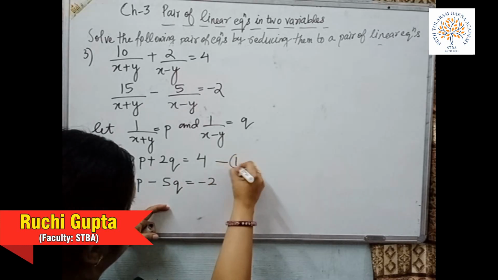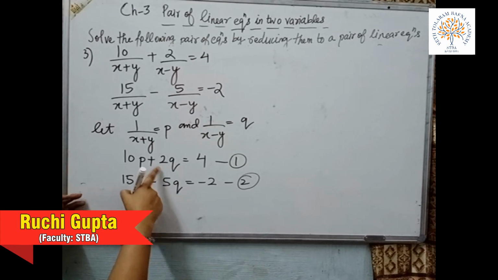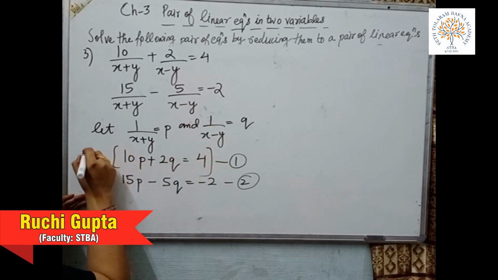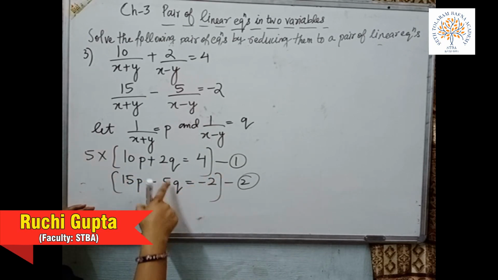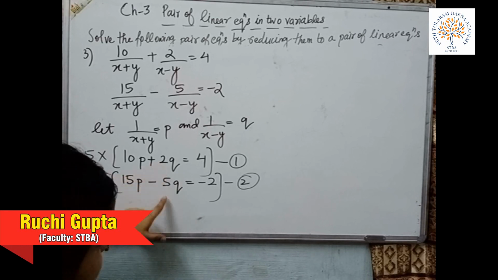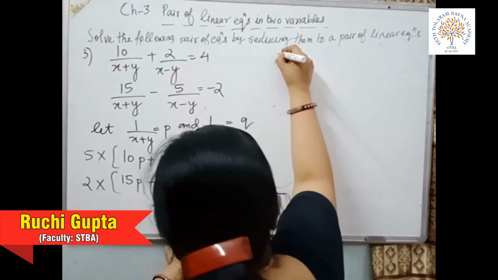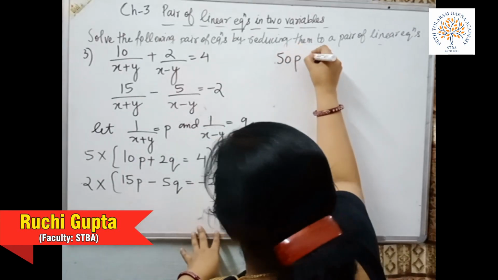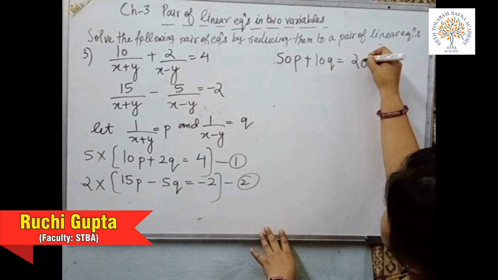So it is easy to eliminate q in these two equations. So I am multiplying the first equation by 5 because I am interchanging the coefficients of q, and I am multiplying the second equation by 2. I am interchanging the coefficients of q. So 5 10s are 50p plus 5 2s are 10q and 20.